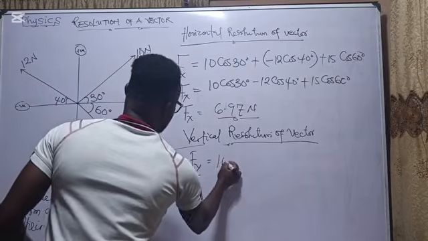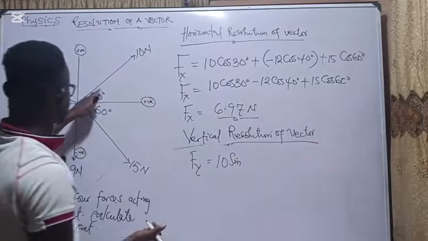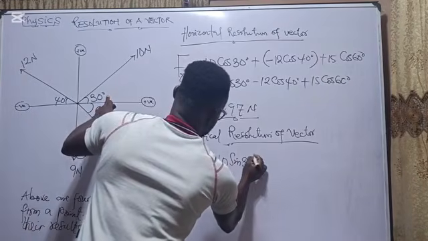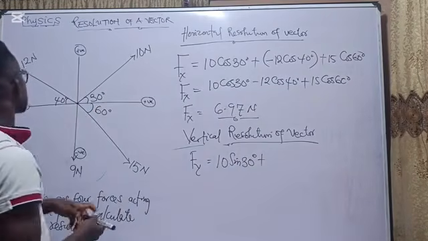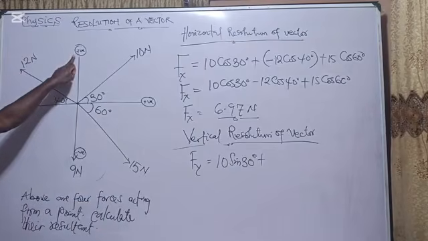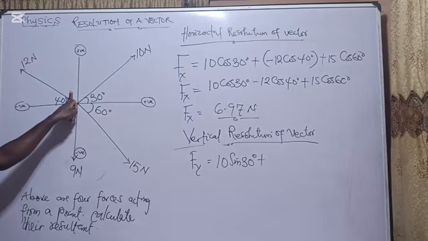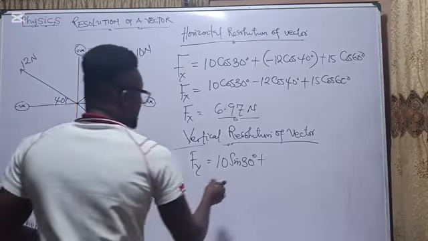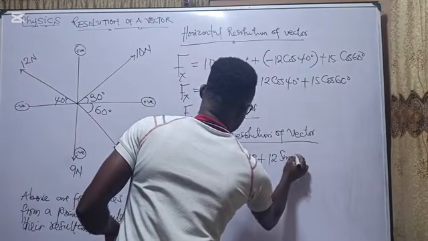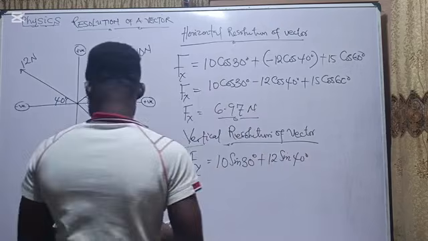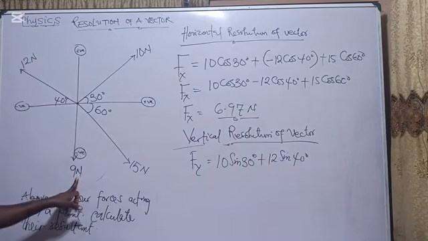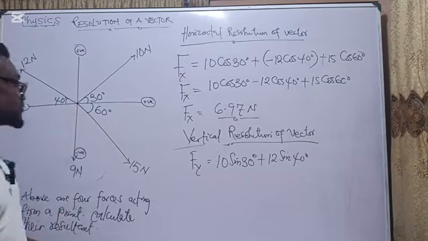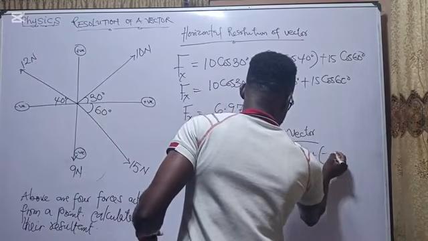So we have 10 sine, you sine with the adjacent angle there, which is 30 degrees, plus. Then 12 Newton, we resolve it to the vertical. There is no angle in between, so we sine the adjacent angle, which is 40. So we have 12 sine 40 degrees. Then plus, 9 Newton is already on the vertical, so no need of resolution. So we have plus, here is minus 9.